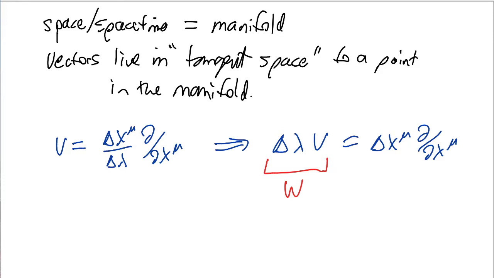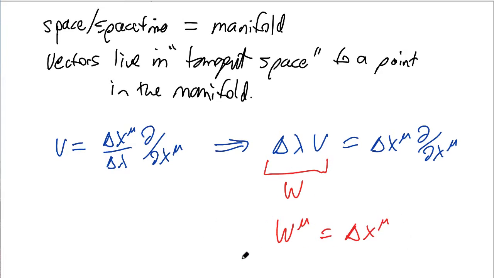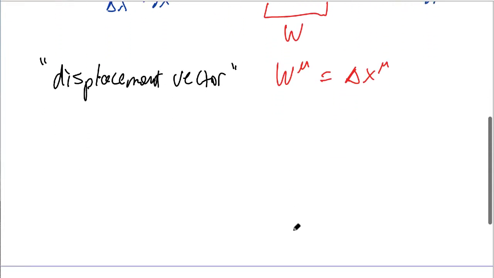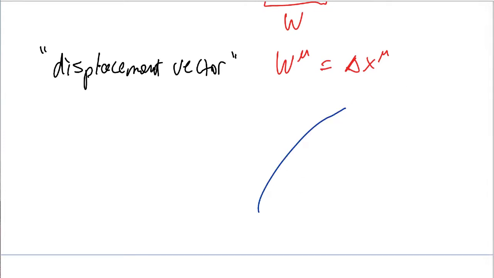So the components of the vector, let's call them w mu, are delta x mu. So this vector that I'm now calling w, I can think of as a displacement vector. It's a vector that points from some event or point with coordinates x mu to x mu plus delta x mu.